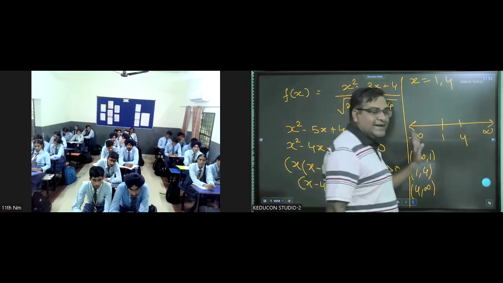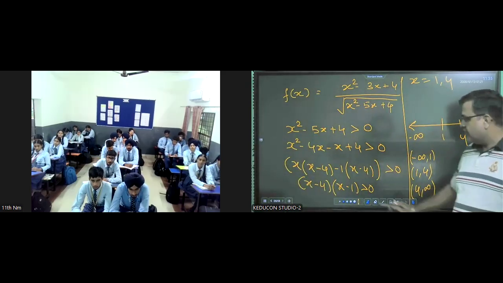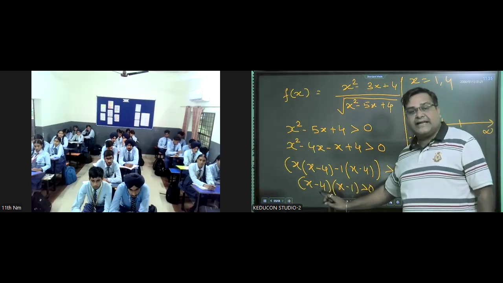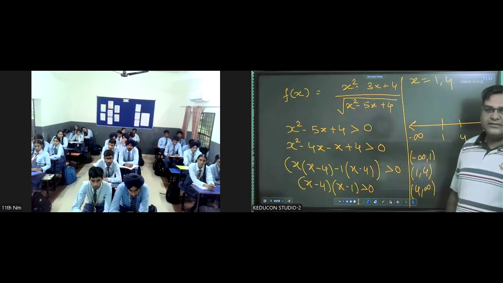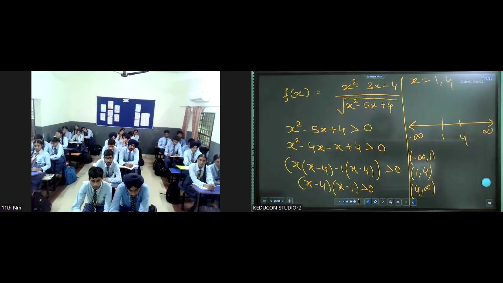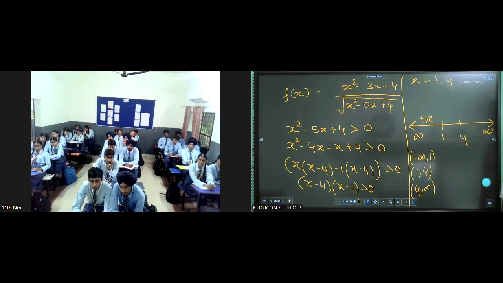If you take anything less than 1, let's say we take 0. So 0 minus 4 is negative, 0 minus 1 is negative, negative into negative becomes positive. So what result do we get here? Positive. Yes or no?